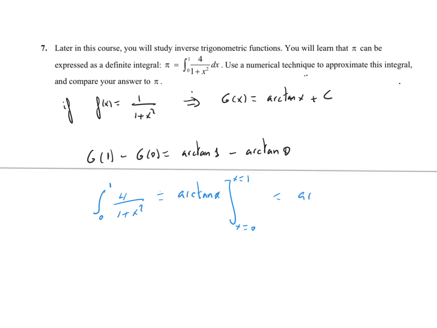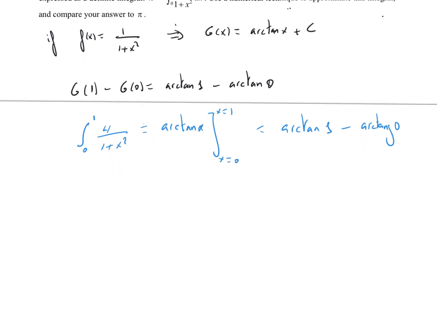So it will be arctangent of 1 minus arctangent of 0.